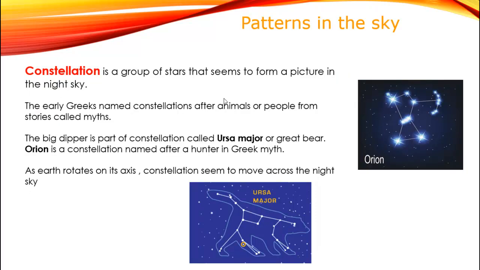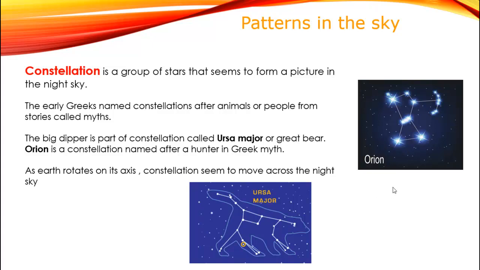Constellation. A constellation is a group of stars that seems to form a picture in the night sky. The Greeks named constellations after animals or people from stories called myths.